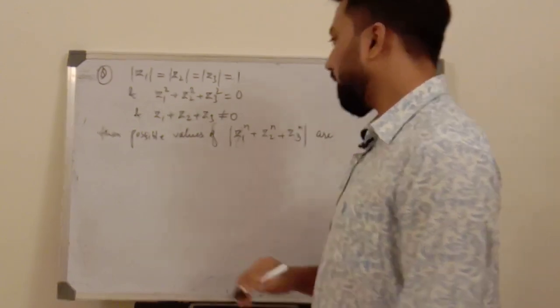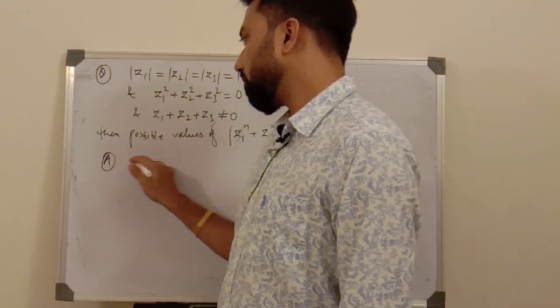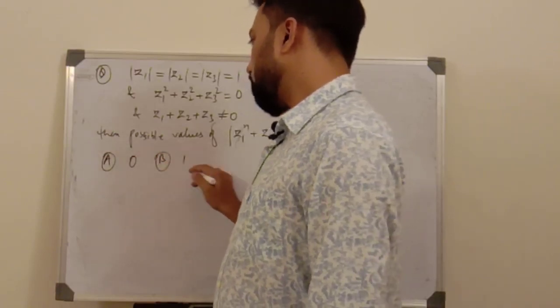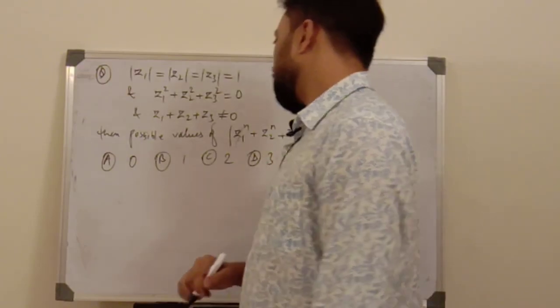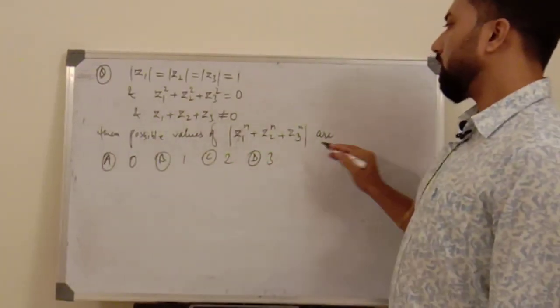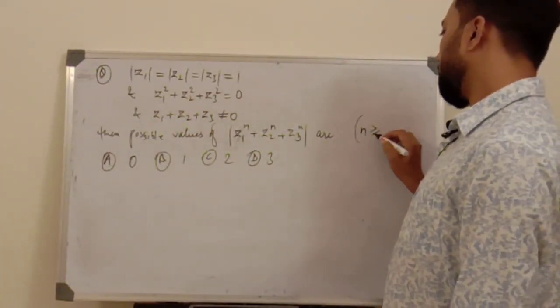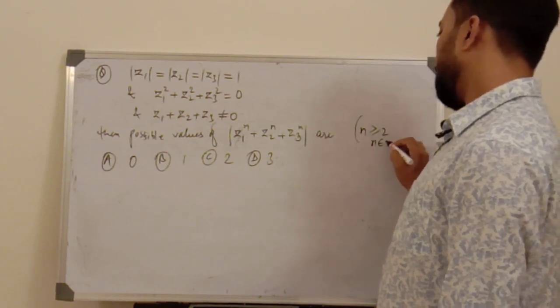And we have options over here. First option is 0, second option is 1, then we have 2, and then we have 3. And it is given that n is greater than or equal to 2 and n is a natural number.